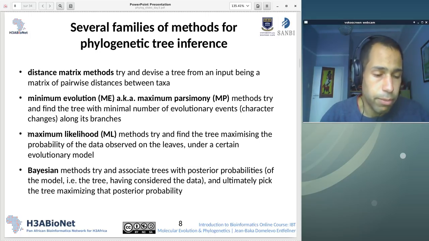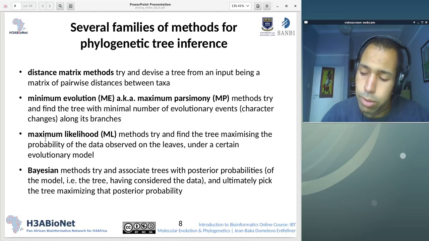A third family of methods is the maximum likelihood methods. For these methods, the best tree is the one that maximizes the probability of the data observed on the leaves under a certain evolutionary model.